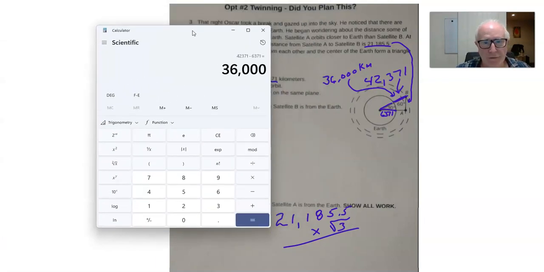So bringing over the calculator, we take the 21,185.5 times the square root of 3, and we get 36,694.36 something something something.